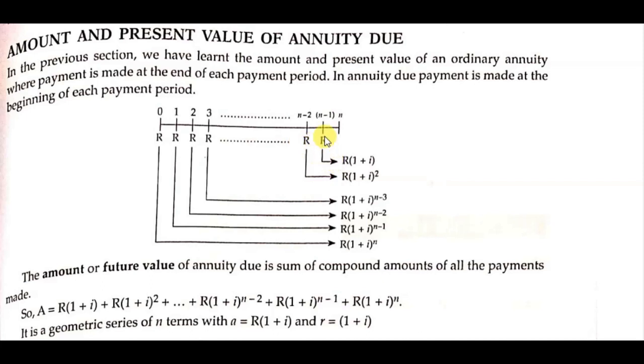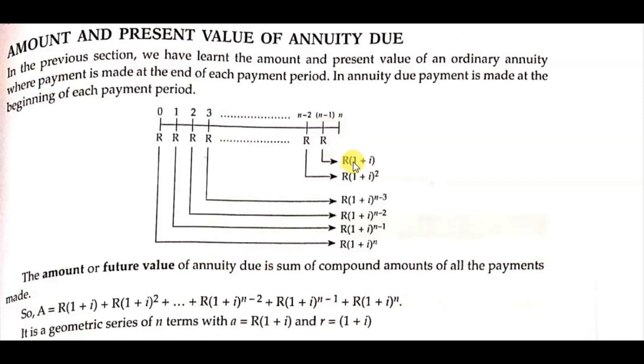So at the last, it will be invested for 30 days only. So R of (1 plus i) whole power 1 month, or 1 year, whatever it is. In the last month you should not pay anything. After completing the 30 days of that period, you will receive the total amount.